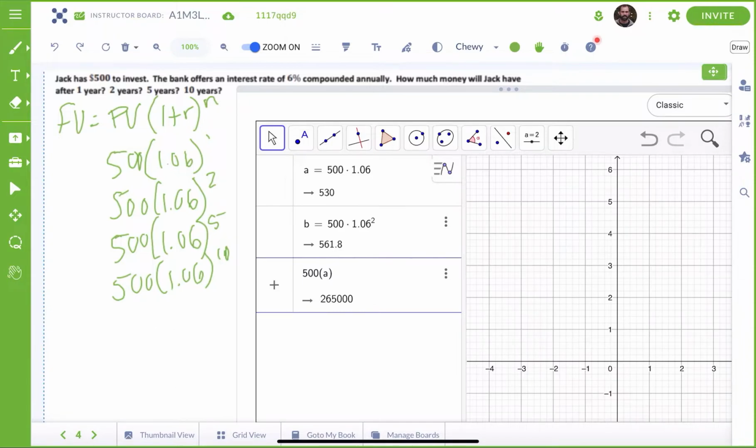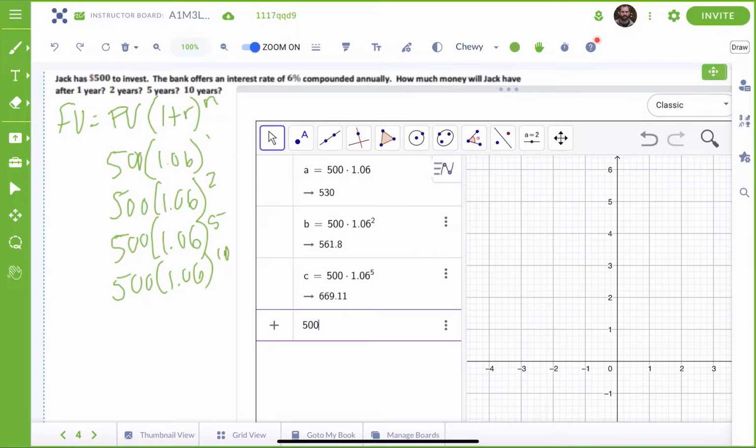Okay, so let's look at it for 5 years, and that grows to $669.11. So let's see if we put this in here for 10 years, just $500 for 10 years at an interest rate of 6%.